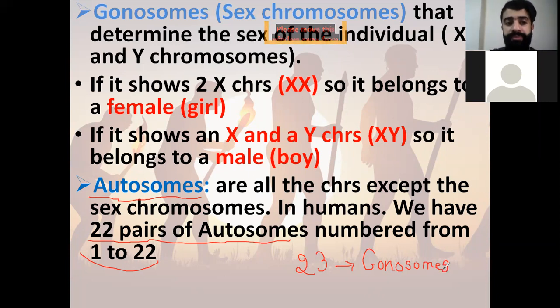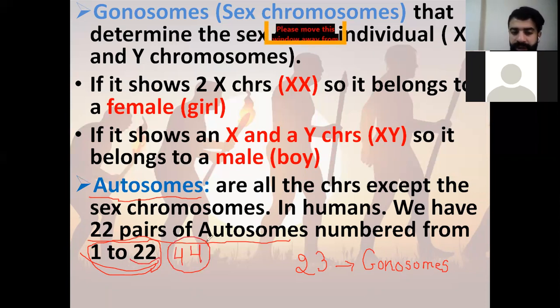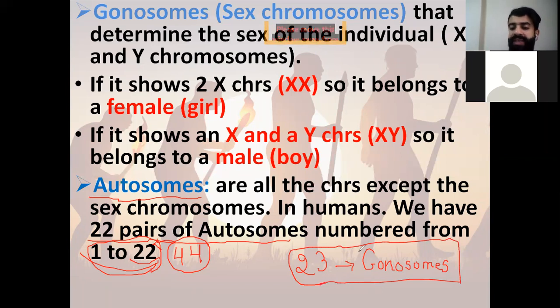So the chromosomes are divided into autosomes and gonosomes. Autosomes are from pair number 1 to pair number 22, so about 44 chromosomes. How did I get 44? They are pairs, so 22 times 2 gives 44 chromosomes, which is the same as 22 pairs. The 23rd pair is for the gonosomes. It determines the sex of the individual, whether it's a male or a female.